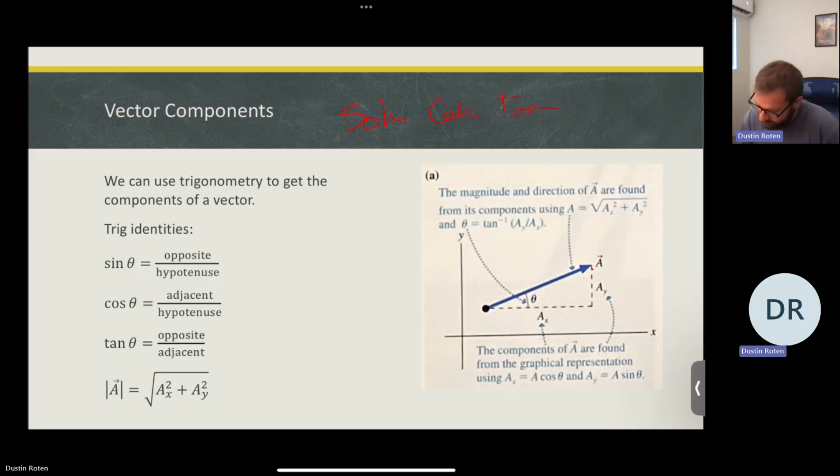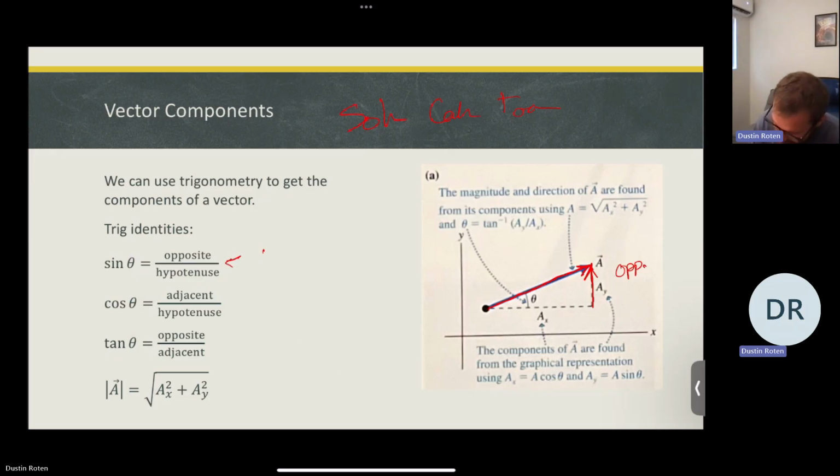So you can imagine over here, if we wanted the y component of a vector, so let's say we wanted this. Well, this is our opposite side. We want to know the length of the opposite side. We know the hypotenuse because it's given to us, because that's the original vector, it's just A. So we know our hypotenuse, which means we can rearrange this equation and just have the hypotenuse times sine of theta equals the opposite side.